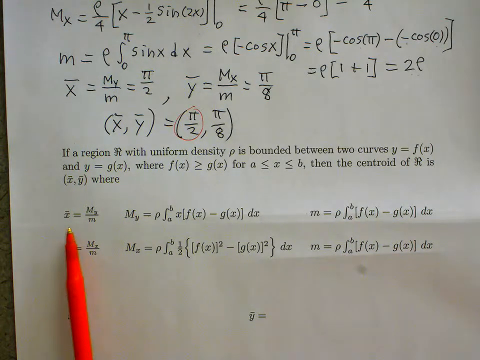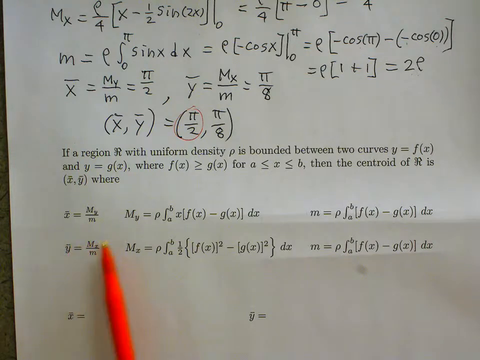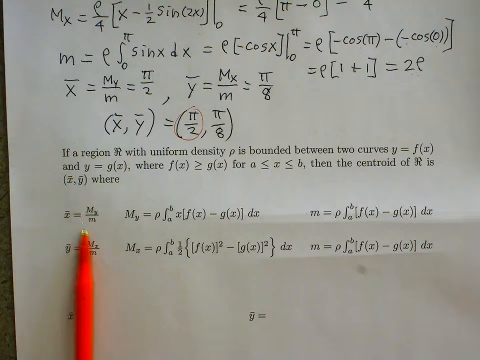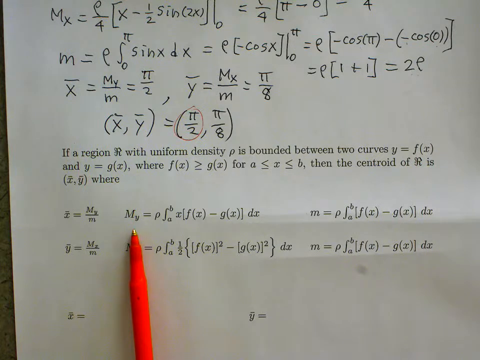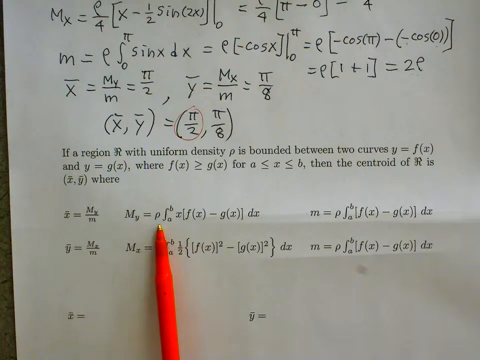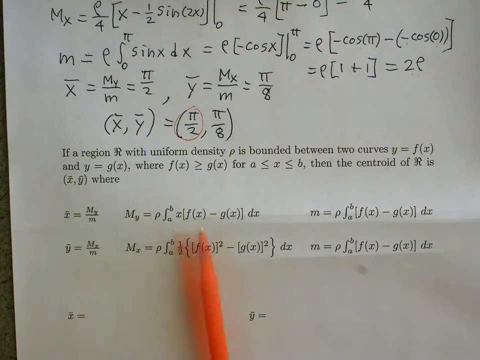So as usual, x bar is the moment of the region about the y-axis divided by the mass. And to find the moment of the region about the y-axis, we multiply rho times the definite integral from a to b of x times the difference f of x minus g of x.